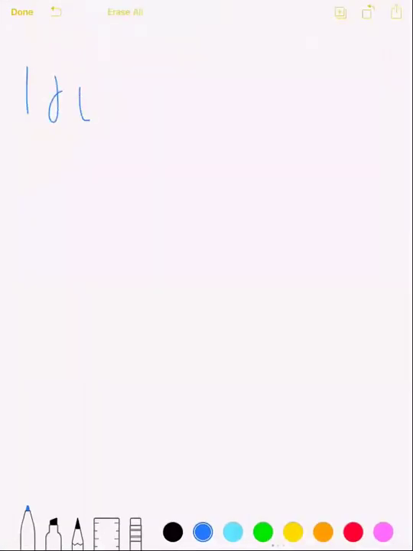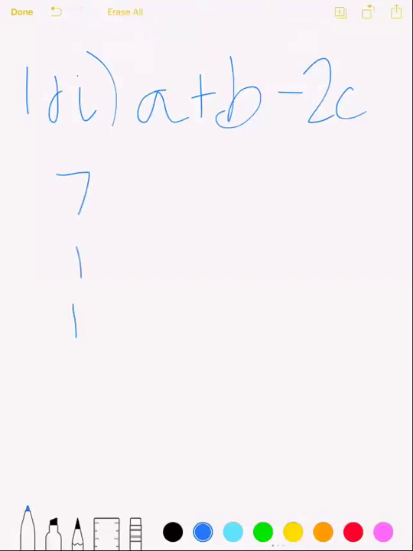1D, it says A plus B minus 2C. And then all you're doing is adding the same way you normally would. So we have 7, 1, 12 plus 5, negative 2, 3.